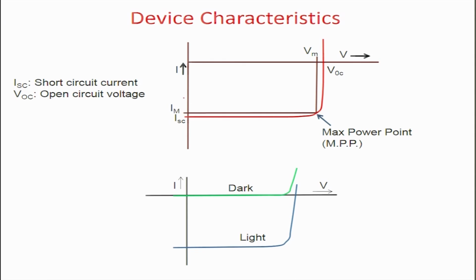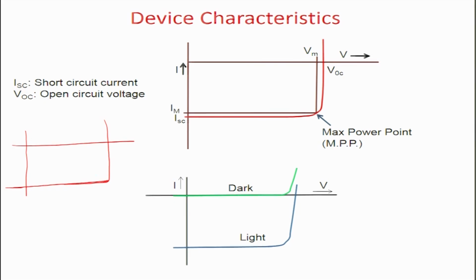The rectangle is drawn by this blue line and the brown lines. The current and voltage corresponding to those are called Vm and Im, and this point is called the maximum power point. This can be determined mathematically. Basically, you want to maximize the power.